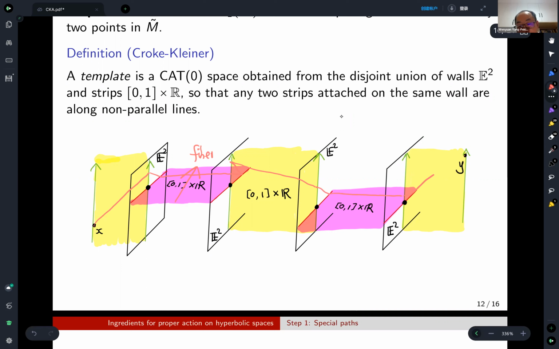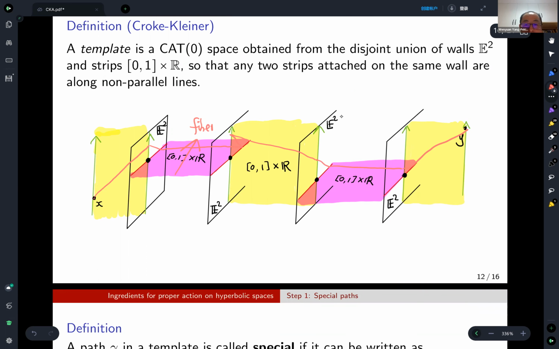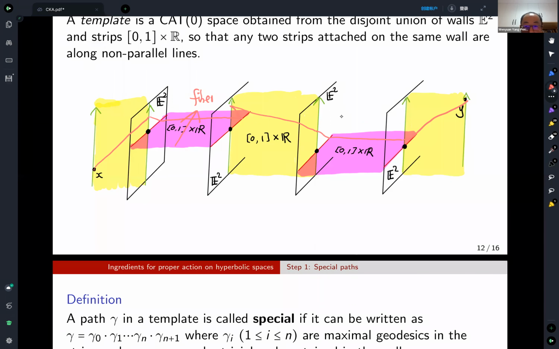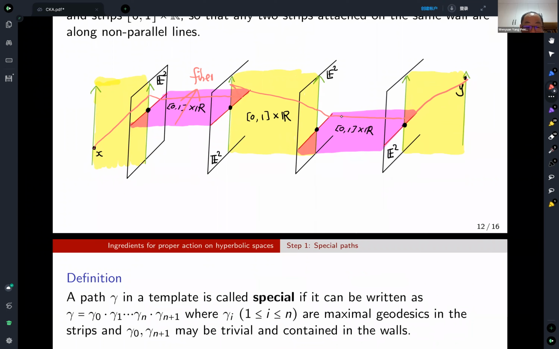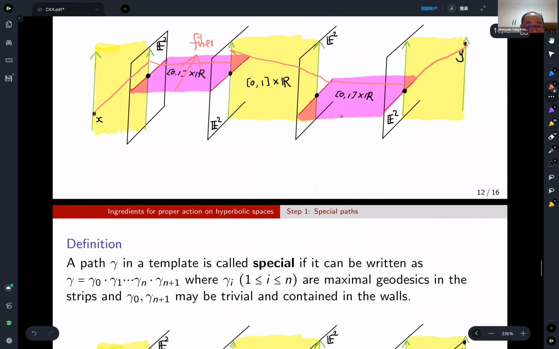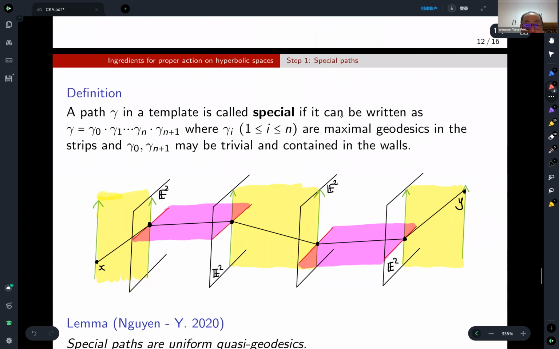This may be the shortest geodesic. But it turns out we can choose some canonical paths between any two points, which are not geodesic, but are quasi-geodesic. This path we call a spanning path, which can be written as a sequence of geodesics. As this taplet shows, any two strips intersect in a unique point on each boundary plane.